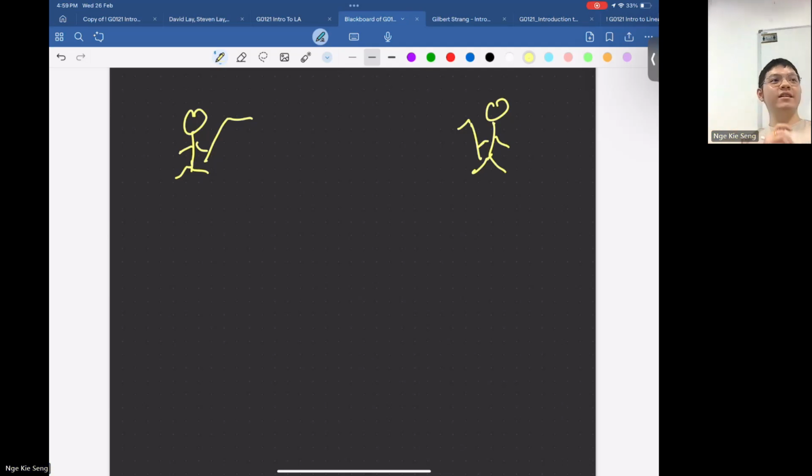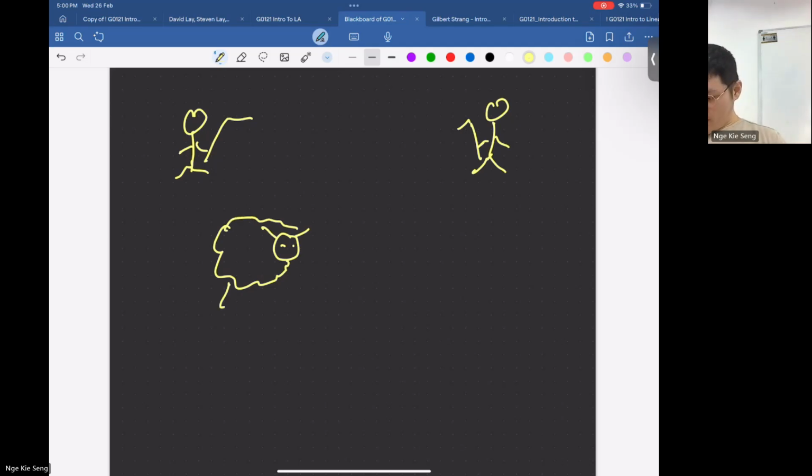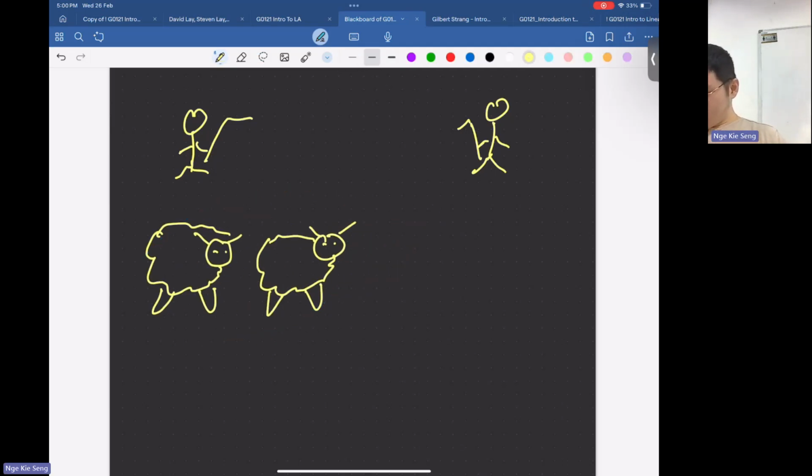A shepherd who raises sheep. Maybe in the Middle East they raise sheep, and maybe in Asia we raise chicken. So here is shepherd A and shepherd B.